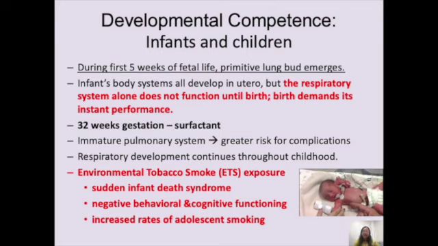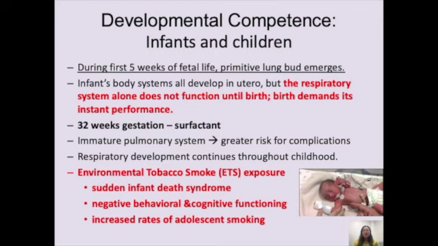The reason why we don't need surfactant prior to this is because the respiratory system alone isn't even functioning at birth, right? The birth demands its instant performance, meaning that once we cut the umbilical cord and the baby is detached from the mother, it kicks that respiratory system into gear.